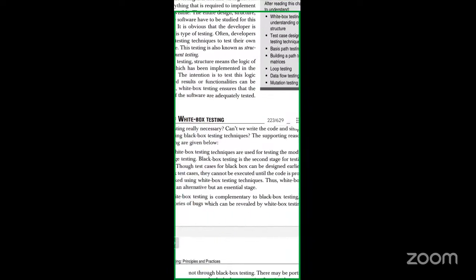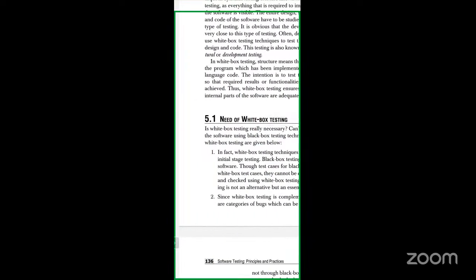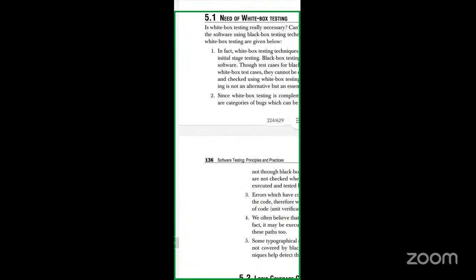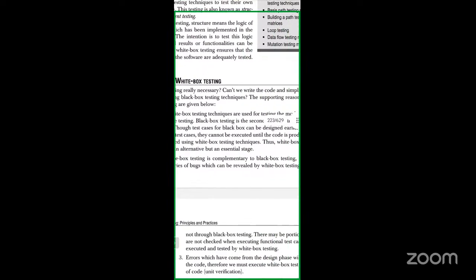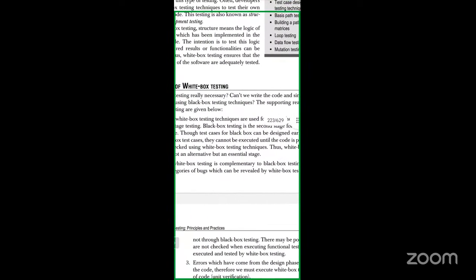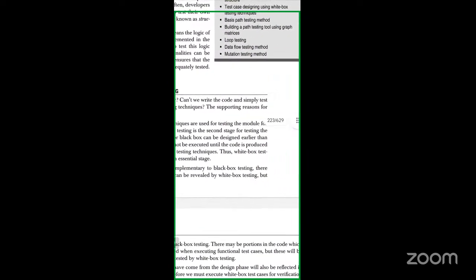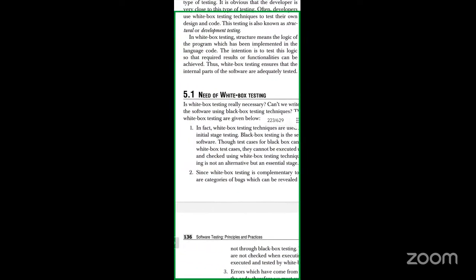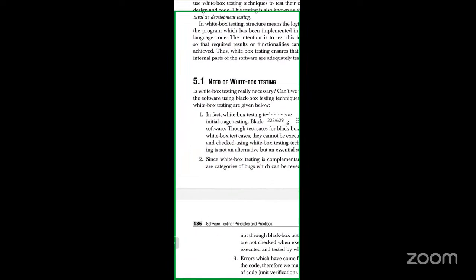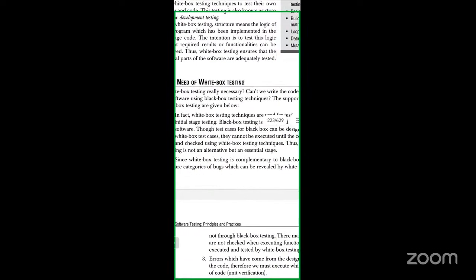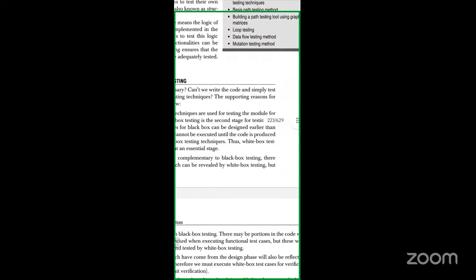The supporting reasons for white box testing are given below, in five points. Black box testing is the second phase of software testing. Though test cases for black box can be designed earlier than the white box test cases, they cannot be executed until the code is produced.